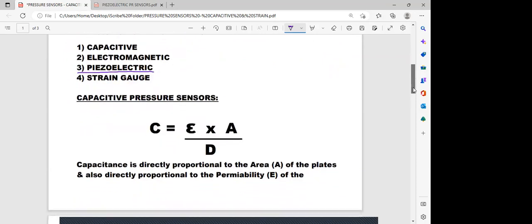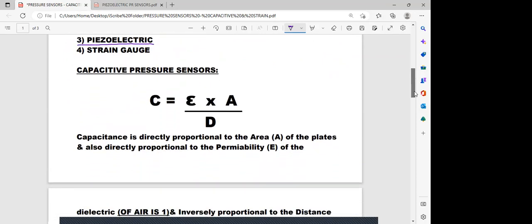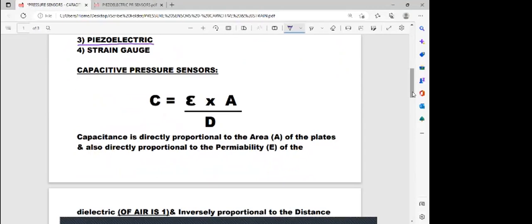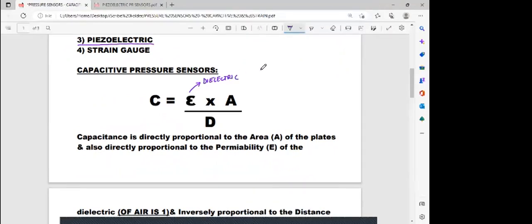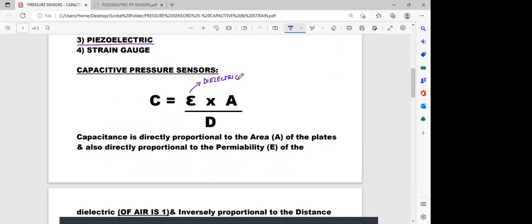Okay, so we are very familiar with this formula. C is equal to epsilon multiplied by A divided by D. Epsilon is the dielectric strength. Depending on what is the dielectric, each dielectric will have a different strength, epsilon. A is the area of plates.